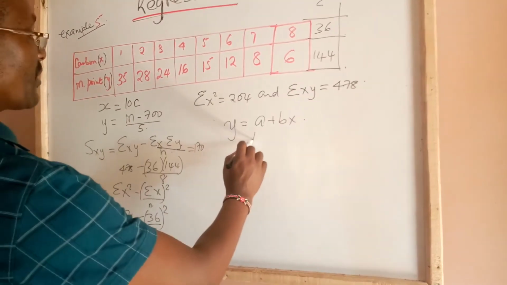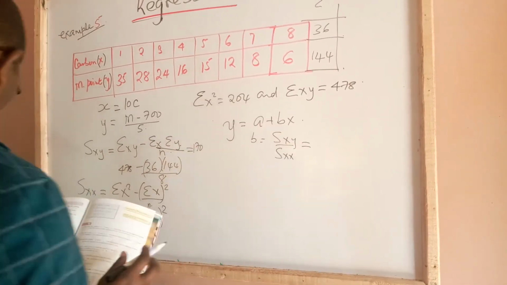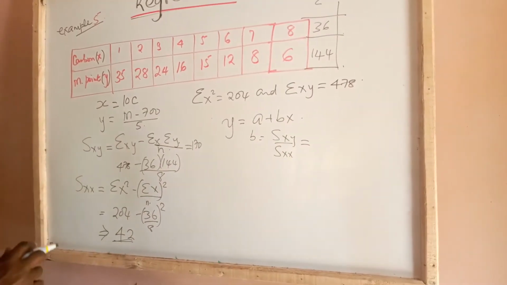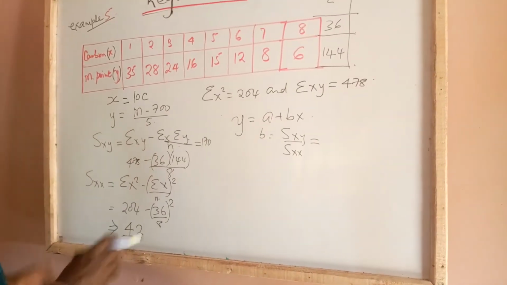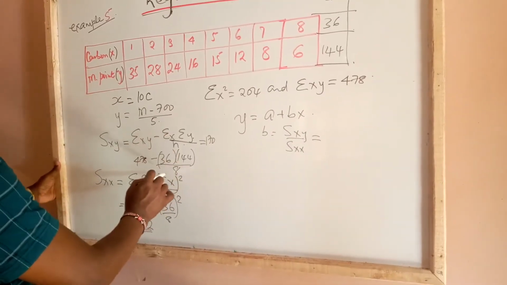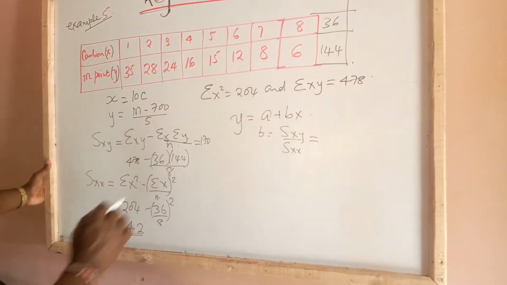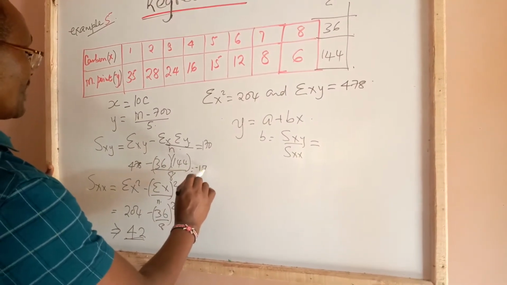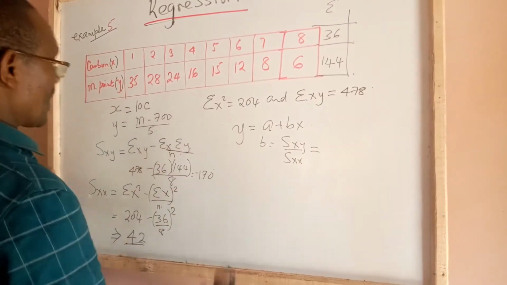So our b we know is sxy over sxx, which is equal to, by the way, I hope if you calculate this, which is going to be sigma xy, sigma x, sigma y over 8, this one definitely is going to give you negative 170, as opposed to positive. It is not going to be positive, it's going to be negative 170.